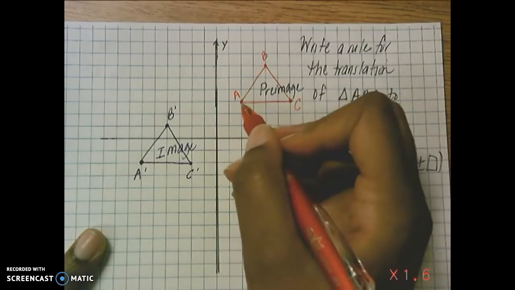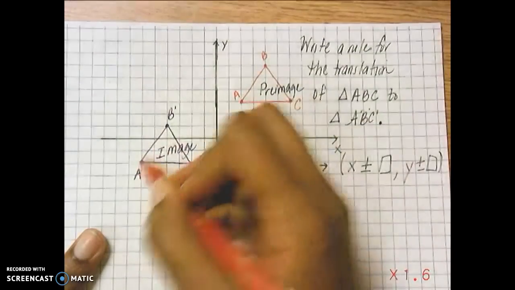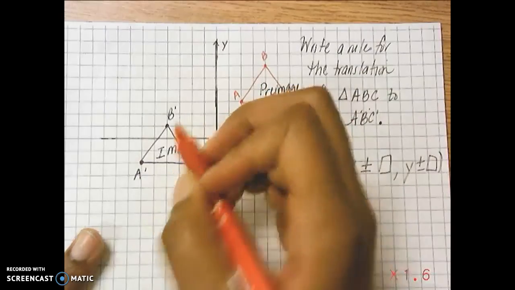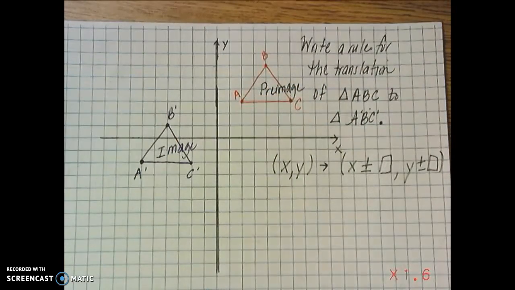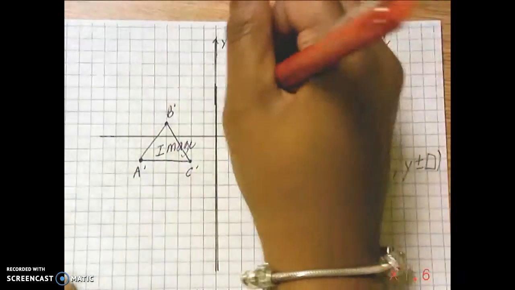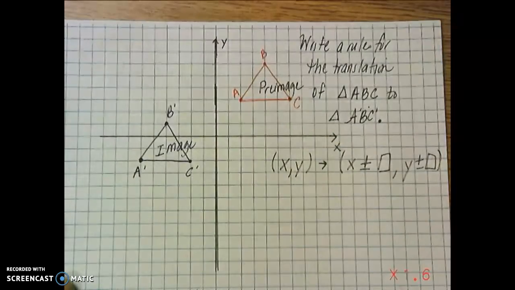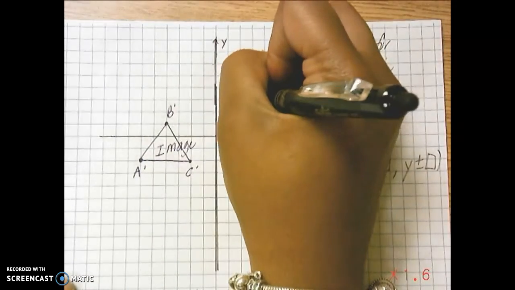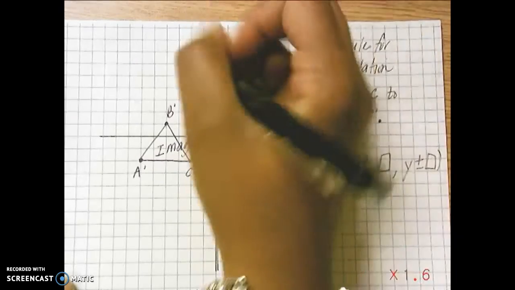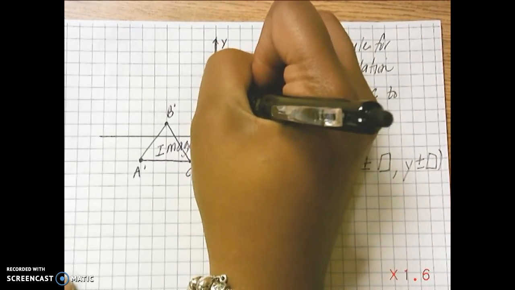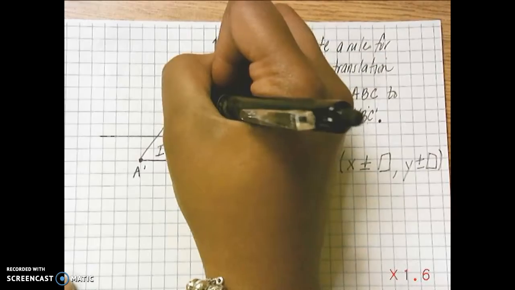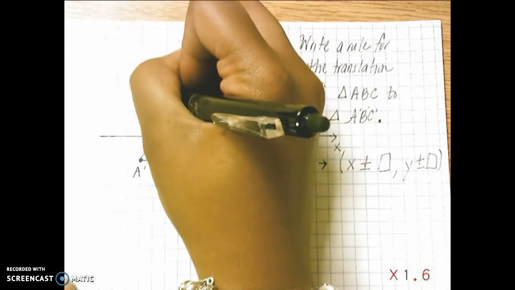Now I need to go from A to A prime and B to B prime. It should all be the same, and C to C prime. So here I will count the spaces, people. I am 2 away from the y-axis, 1, 2, and then I gotta keep going: 1, 2, 3, 4, 5, 6.